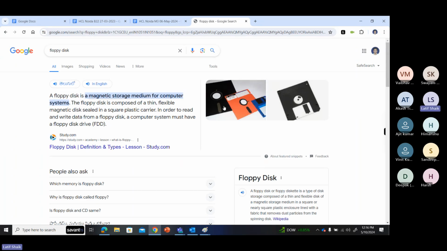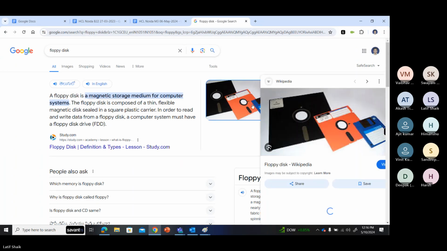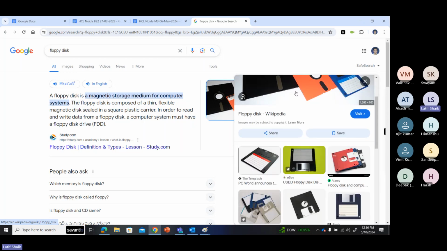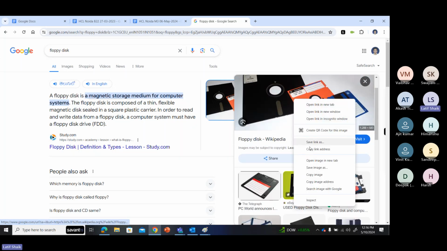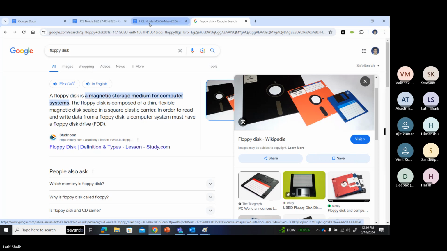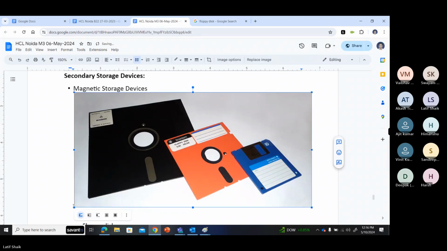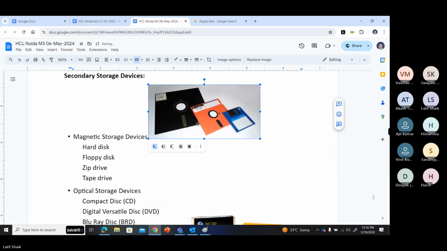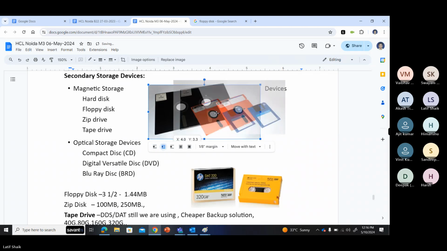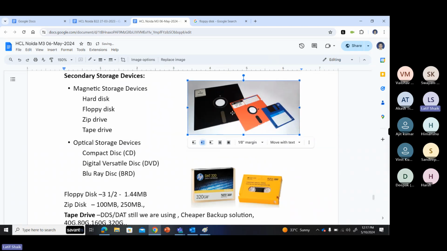Okay, these are the floppy disks. Inside of this floppy disk, there is a magnetic material that stores data inside of it. This is how floppy disks look like.